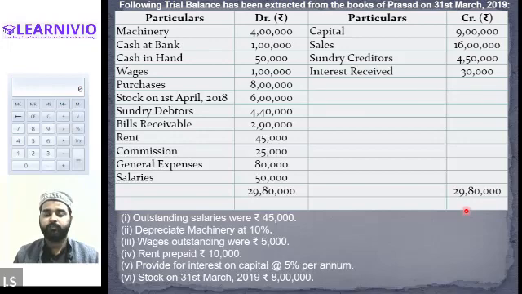Asset and liability side both are equal.